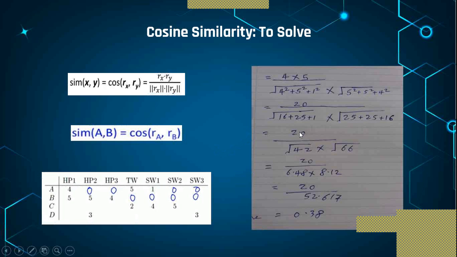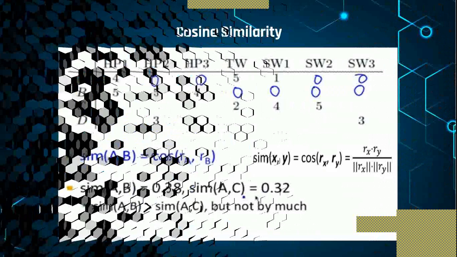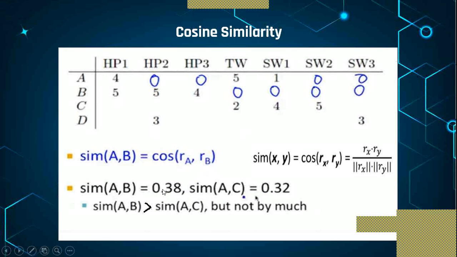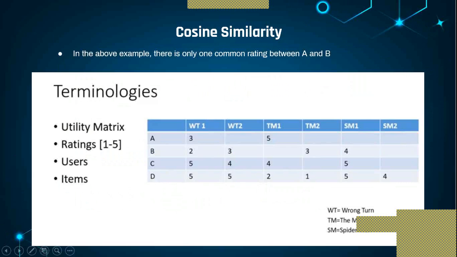It's nothing but 20 divided by root 42 multiplied by root 66. Root 42 and root 66 are 6.48 and 8.1, so 20 divided by 52.617. When you solve this, you will get 0.38. So the similarity of A and B is 0.38.